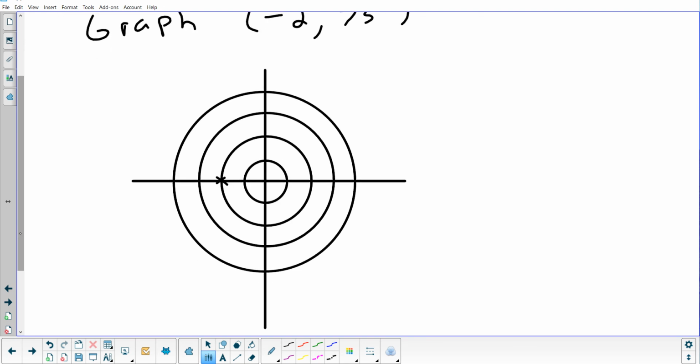What quadrant is that going to land me in? 3. Yeah, I'm still going to be in quadrant 3 because I'm not rotating 90. That would get me out of it. But I'm going to be rotating 75 degrees. So that puts me 15 degrees before the 270 mark, if you think of it that way. Any question on that one?